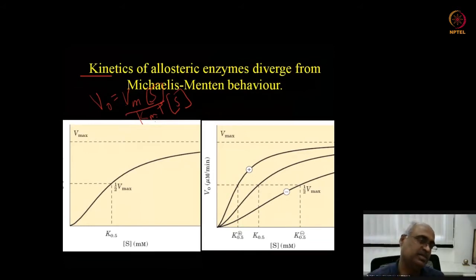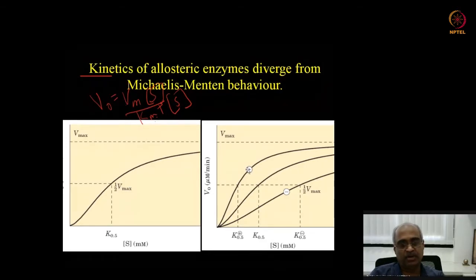That situation you don't see in allosteric enzymes, because initial binding increases binding to the other subunits, and as it binds more, the rate starts to increase after a lag period. So this is the characteristic shape of the curve for an allosteric enzyme.